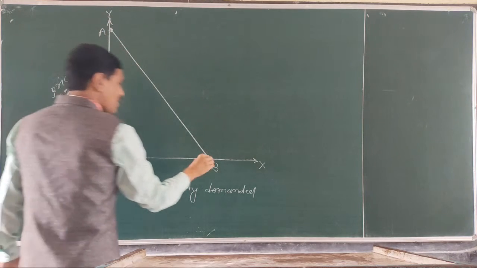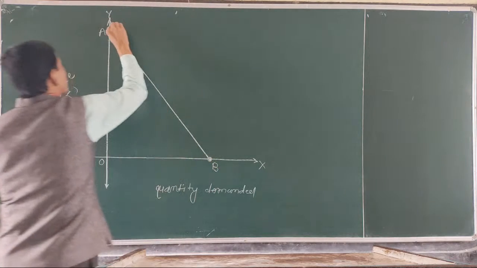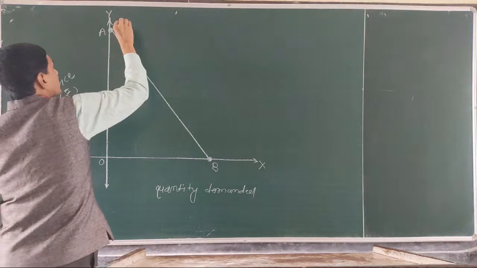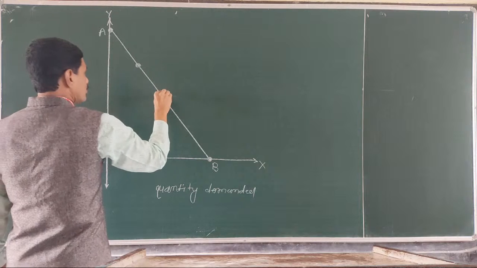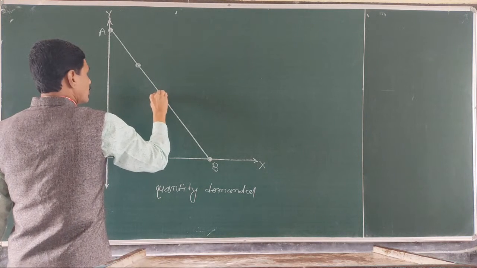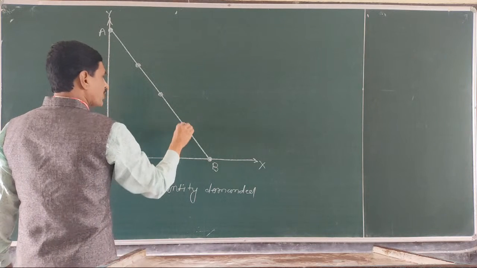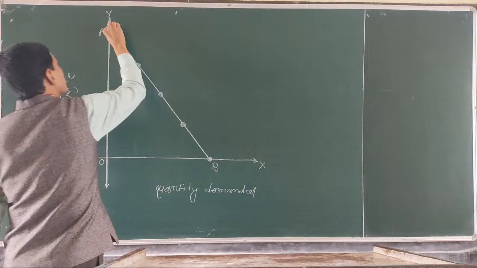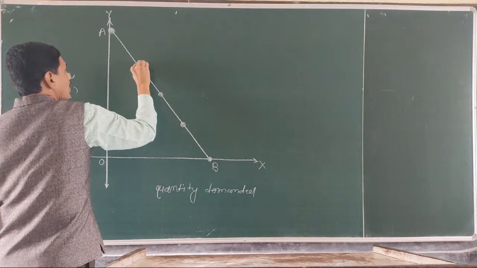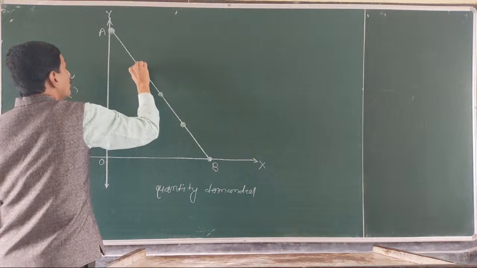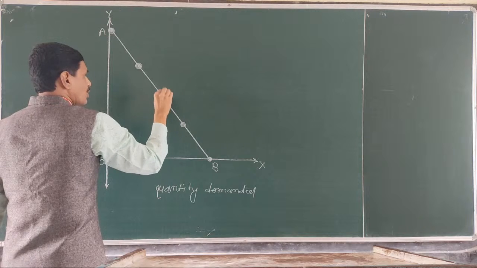So there are 5 points on the linear demand curve. How many points are there? 5 points.